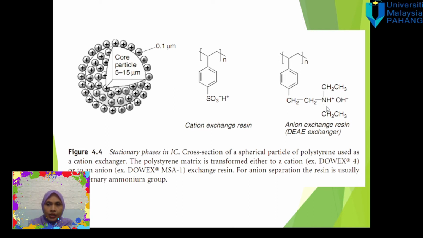You can see this one is quaternary, which stays constant on the surface of the stationary phase, and the one that keeps on exchanging is the negative ion. This is for anion exchange. That's why they call it anion exchange. The one that keeps on exchanging is the negative charge. For the cation exchange resin, this sulfonate group stays constant on the surface of the stationary phase, and the one that keeps on changing or exchanging is the positive charge.